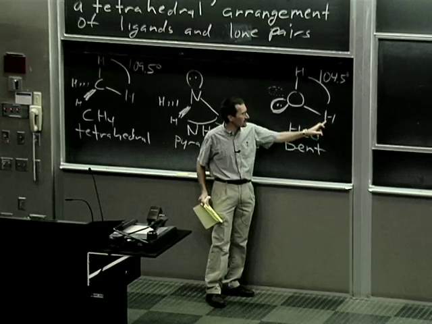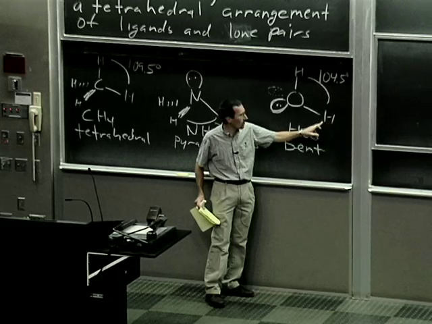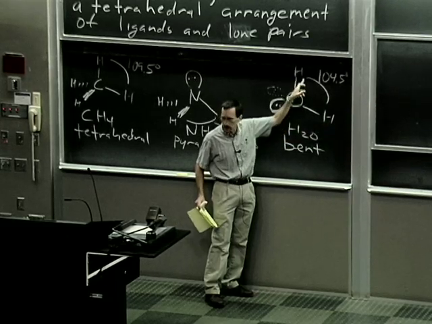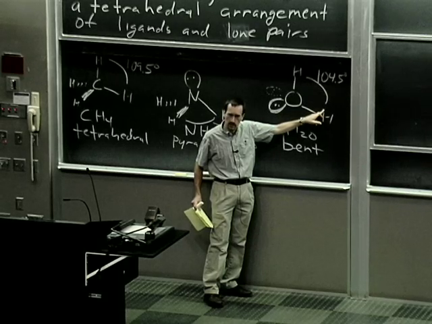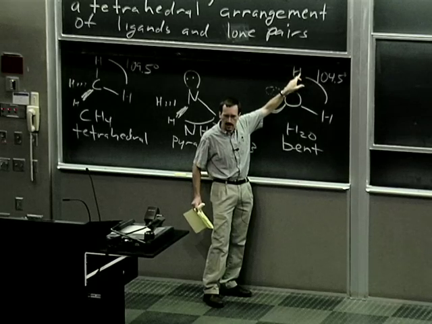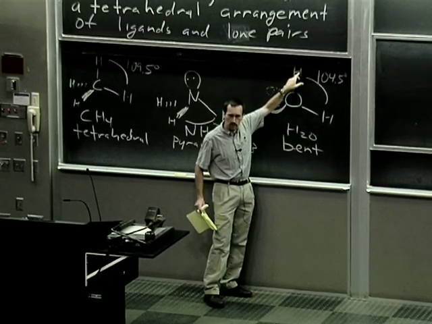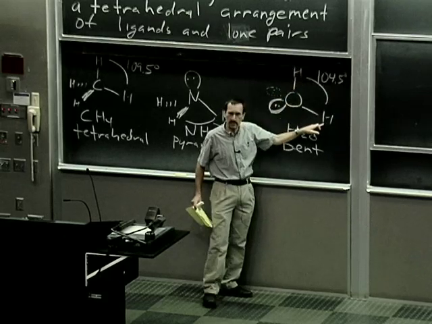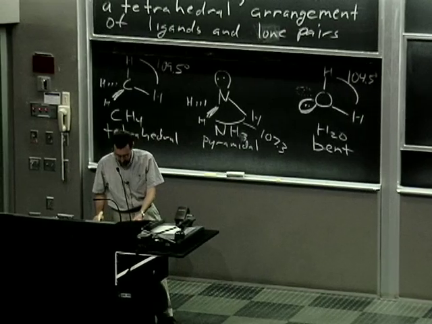In other words, if instead of having a hydrogen here, we had a methyl group making methanol, CH3OH, we would have a bent geometry around oxygen. And if instead of having a hydrogen here, we had another methyl group making dimethyl ether, CH3OCH3, we would also have a bent geometry.